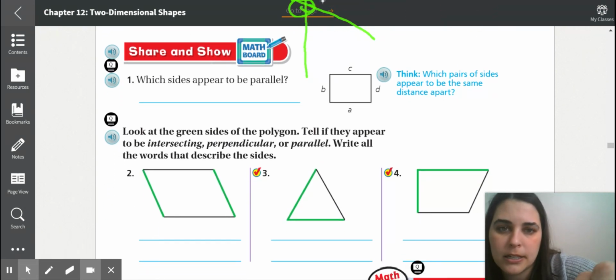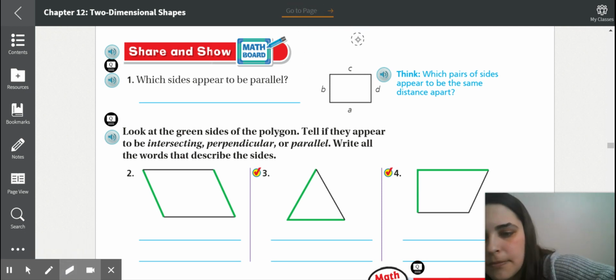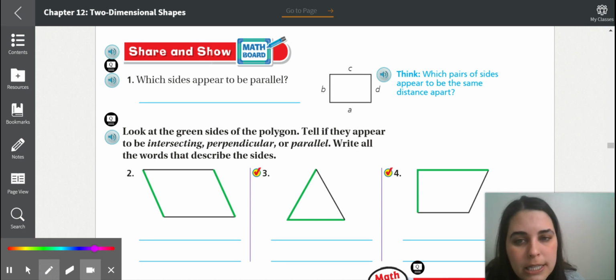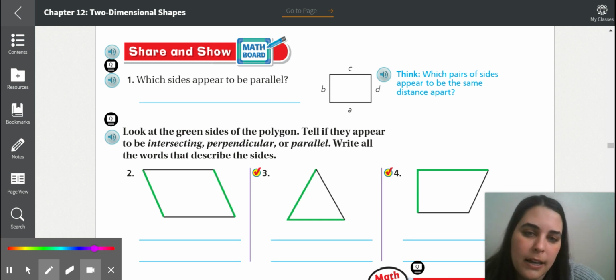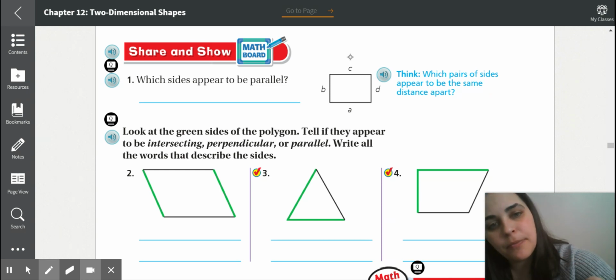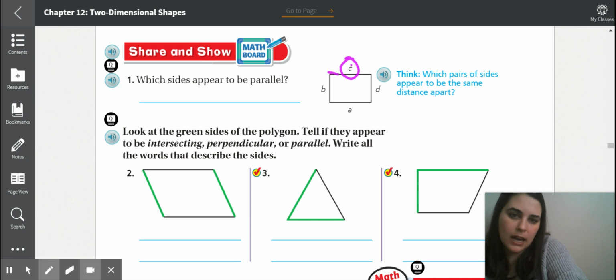Okay, looking at number 1, which sides appear to be parallel? So we have C, D, A, and B. So let's start with C. What side would be parallel to C?